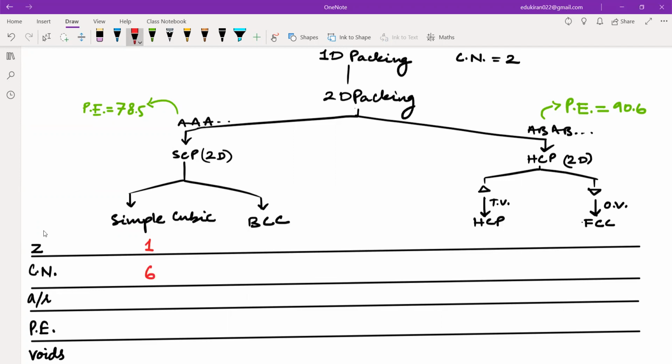Relationship between A and R? A equal to 2R. Packing efficiency? Correct, 52.4%. And what is the void? Cubical void. Correct?